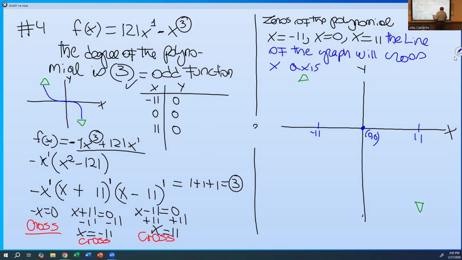And I will put here negative 460, and here we'll put positive 450. So let me do the line, and that looks like it's when it's around 5. Let me put 5 here.